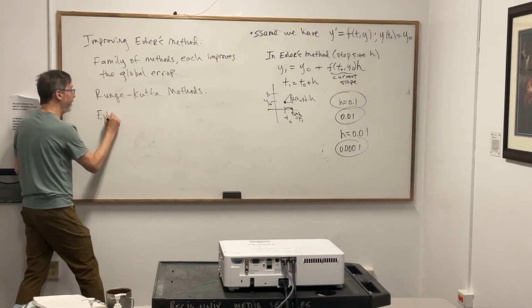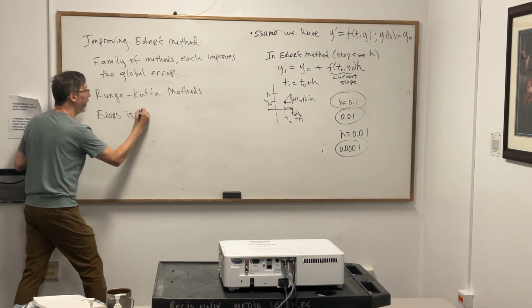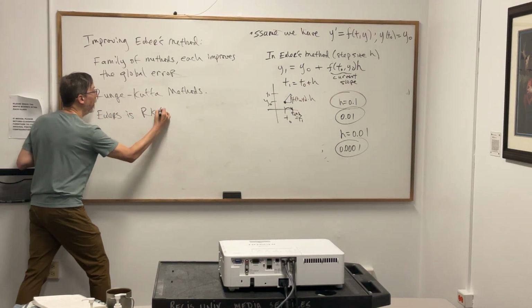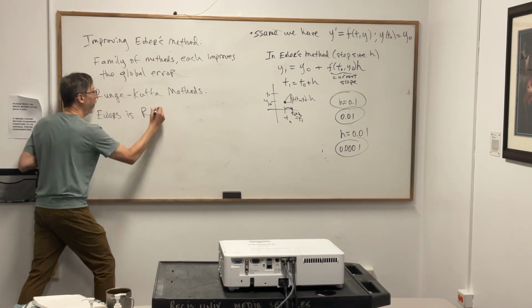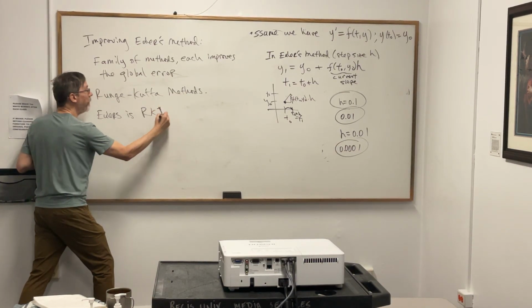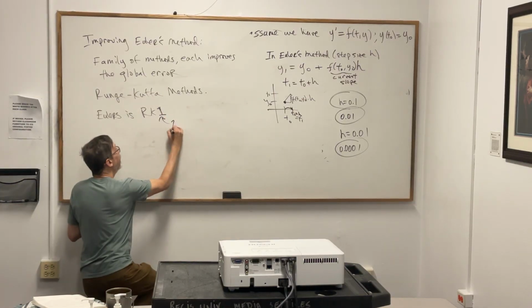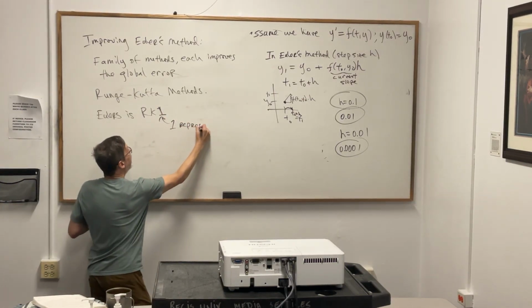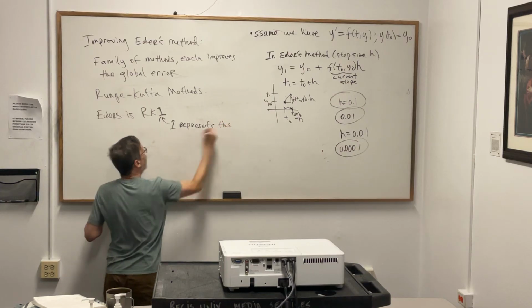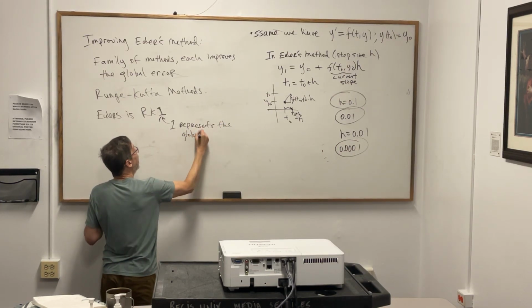Euler's is Runge-Kutta 1. And the number is the order of the error, the global error. So this 1 represents the global error order.